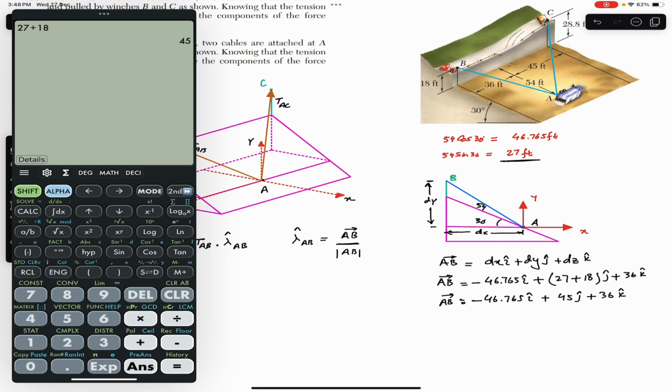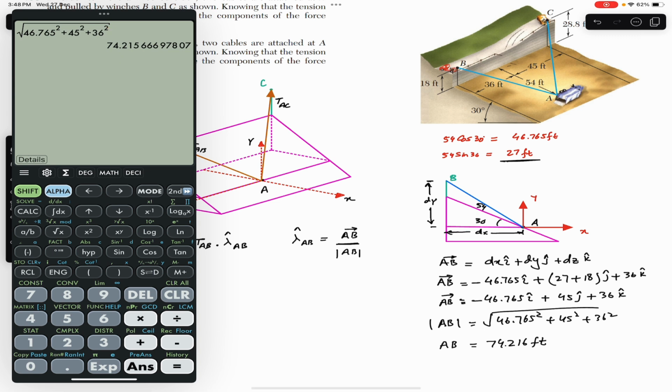Now we can find the magnitude of the position vector from A to B. We need to take the squares of all the components using the Pythagoras theorem and take the sum. So 46.765 square plus 45 square plus 36 square under the square root. So this is 74.216 feet.